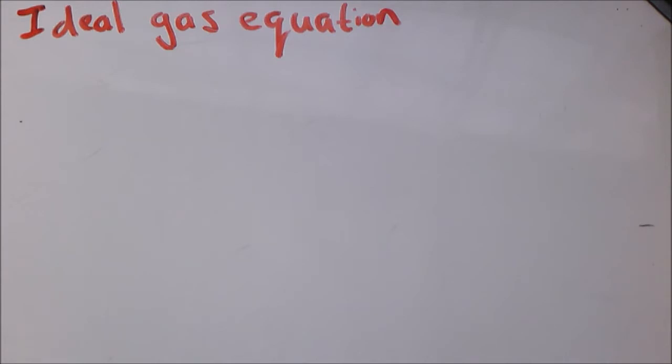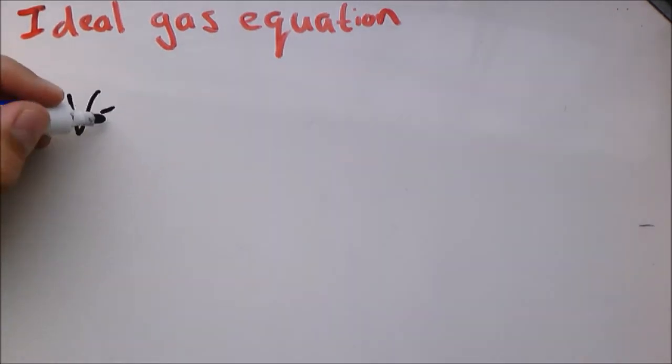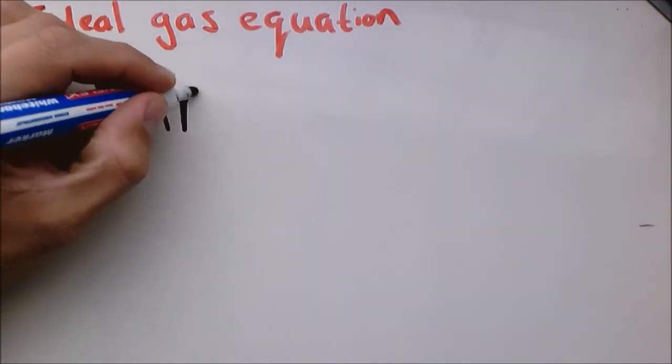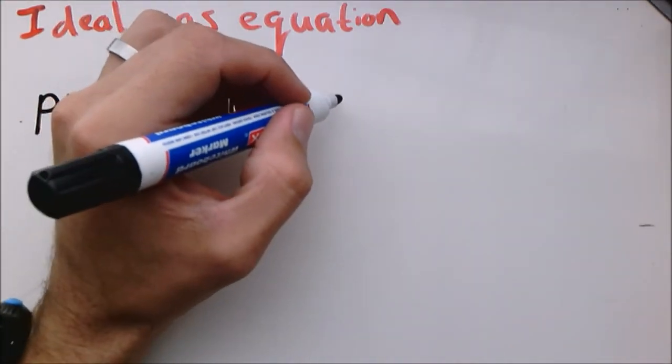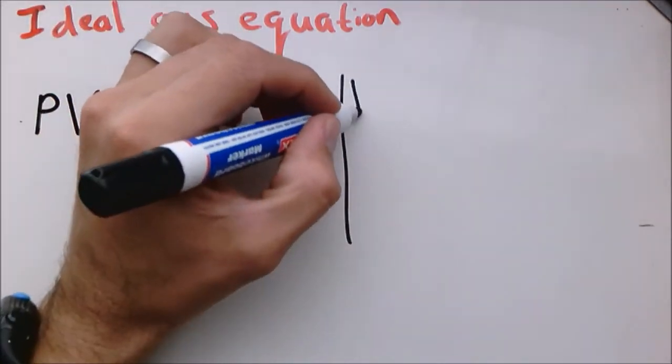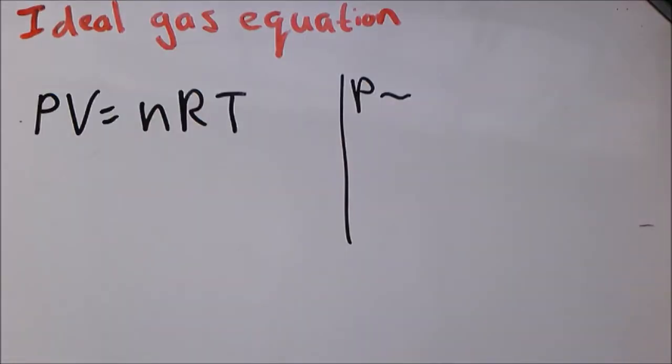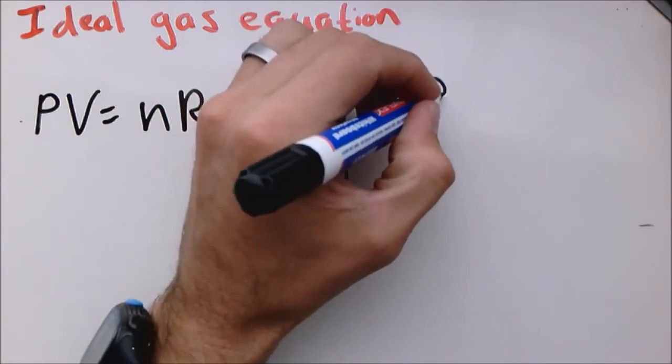Okay, so for instance, let me write down the equation for you that will help you. PV equals nRT, where P is your pressure, and the pressure has to be in Pascal.